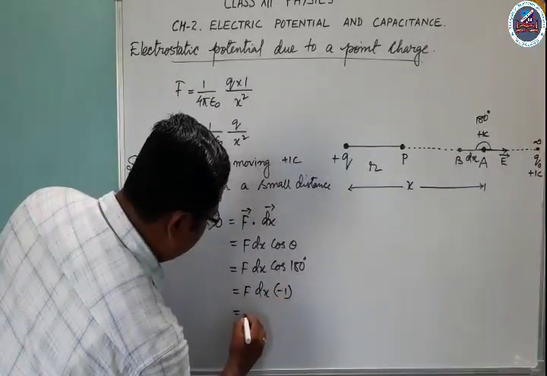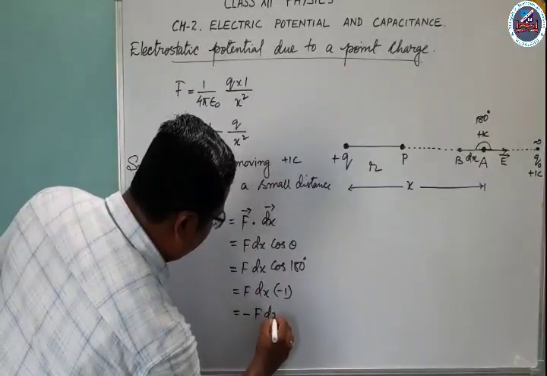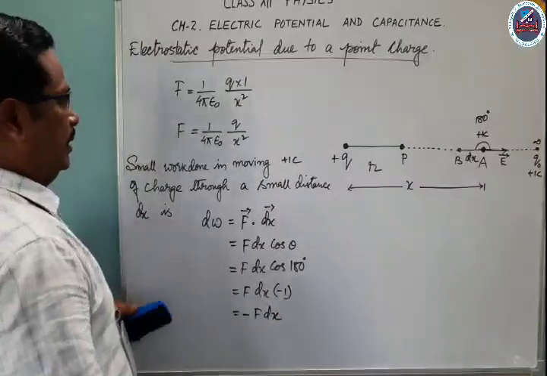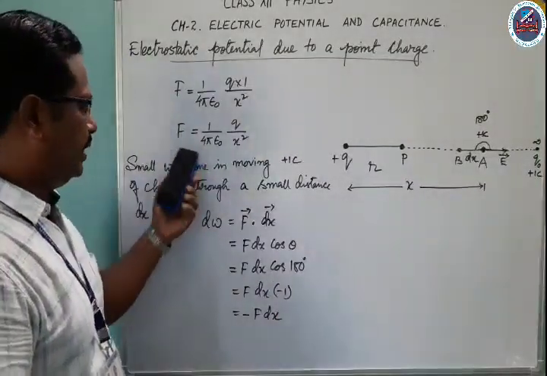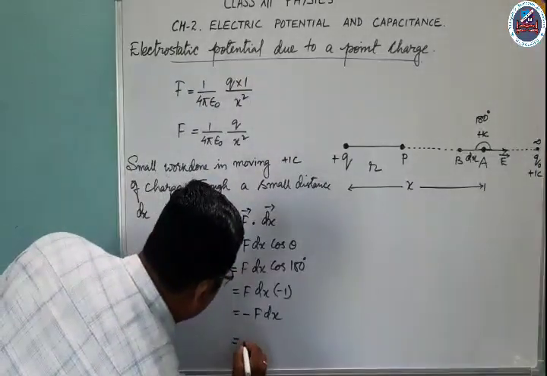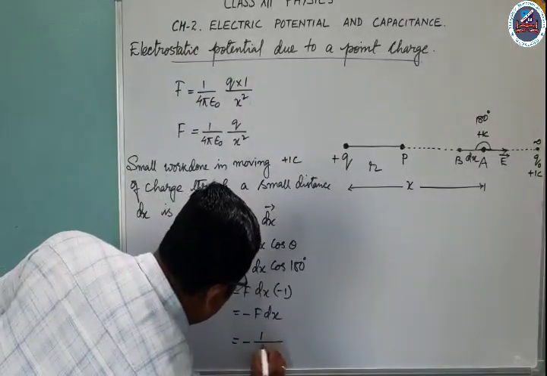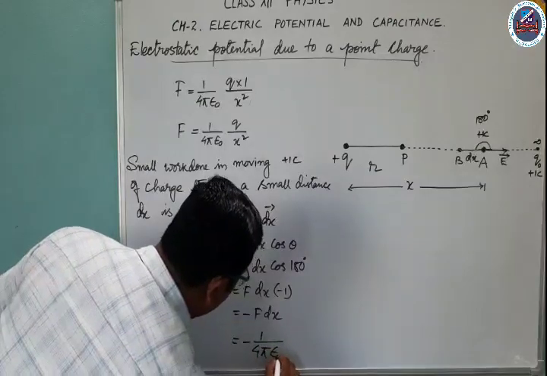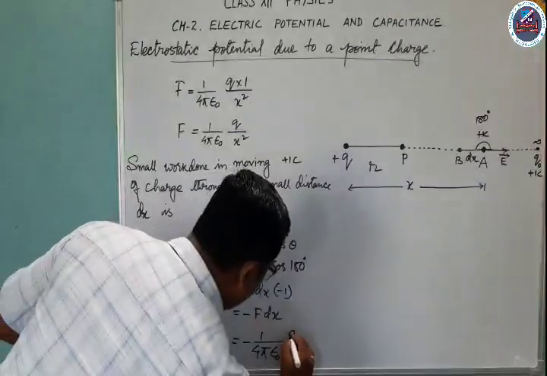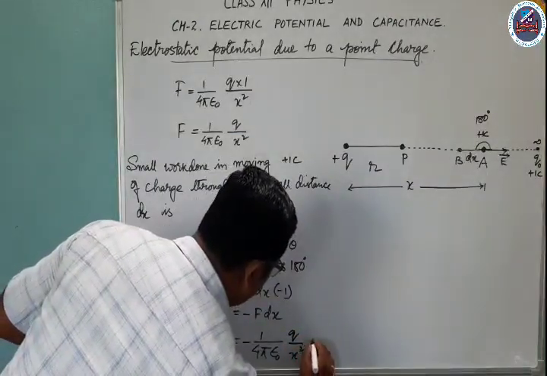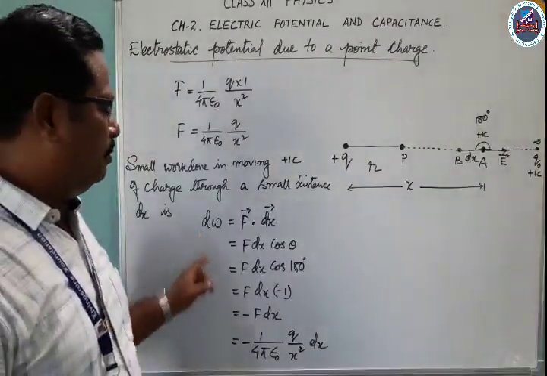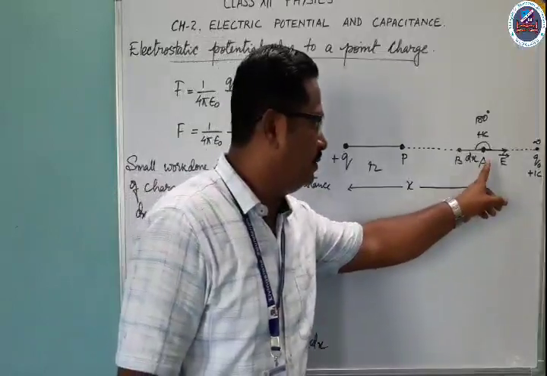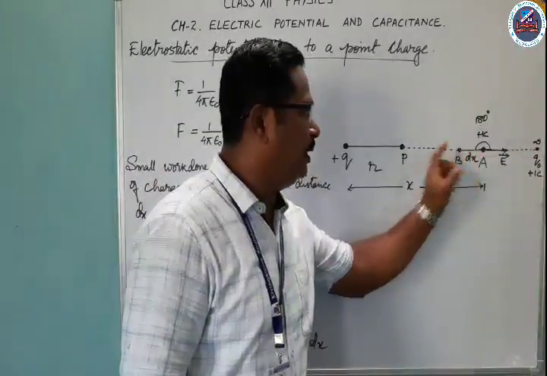So you will get this as minus F dx. And if you put the value of force that you found out already, it will look like this: minus 1 by 4 pi epsilon naught Q by x square dx. Now this is the amount of work done in bringing the charge from A to B.